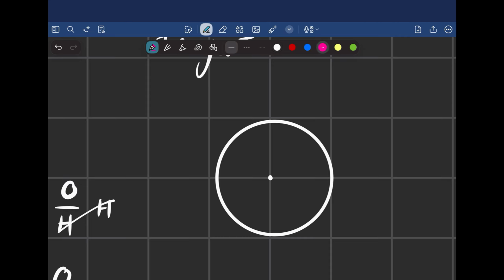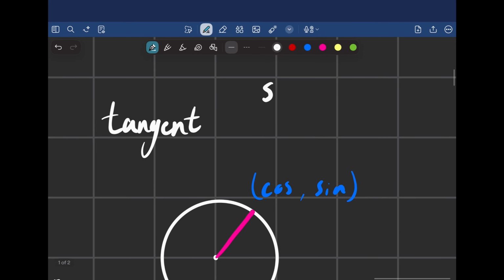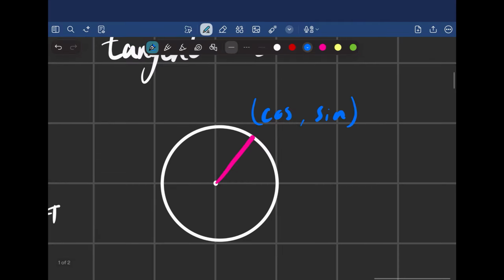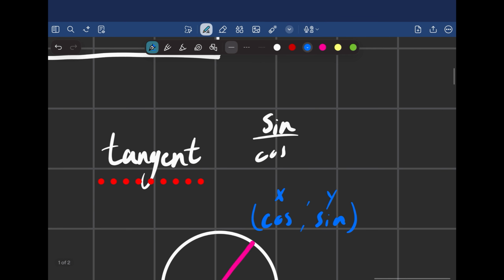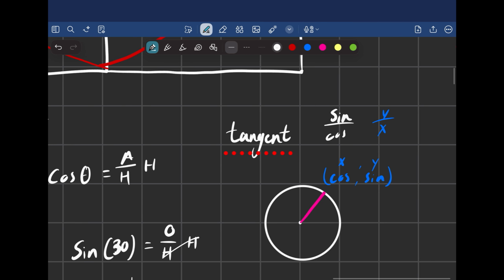When you have a point here, this is represented by cosine, comma, sine for whatever value. And how do we get tangent? Well, it's going to be sine over cosine. And the thing that really helps me understand it is understanding it as x, comma, y. Y over x. And what is this? Rise over run. And when I relearned that, it was basically a slope. I was like, that really clicked, and I was able to understand that.